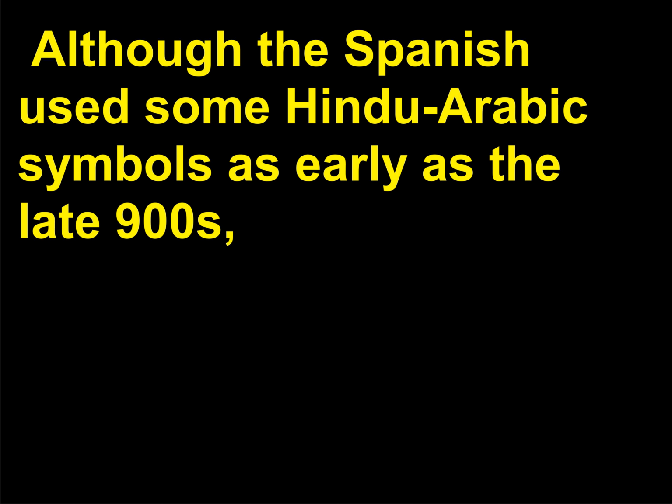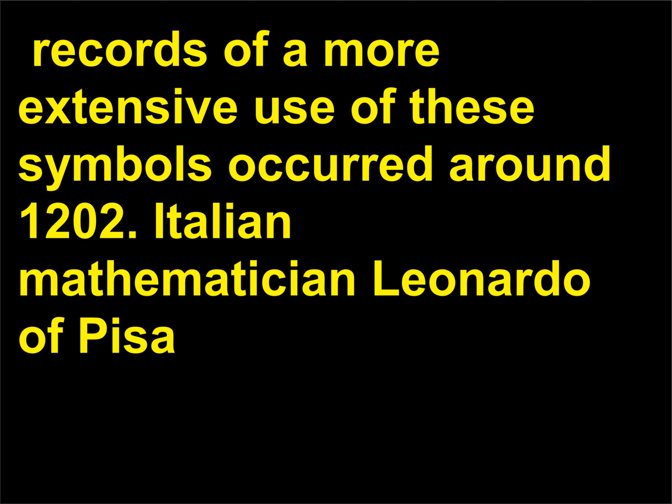It took several more centuries to spread the idea to Europe. Although the Spanish used some Hindu Arabic symbols as early as the late 900s, records of a more extensive use of these symbols occurred around 1202.